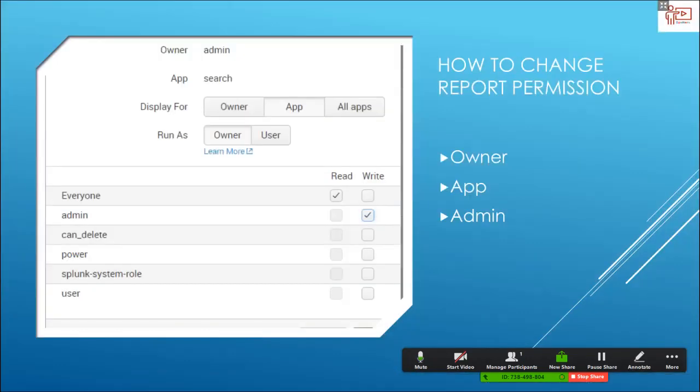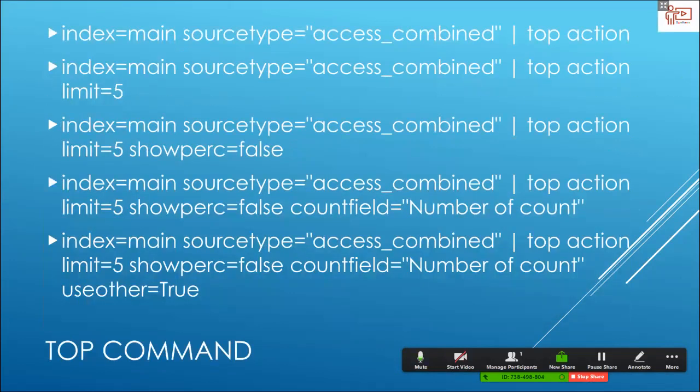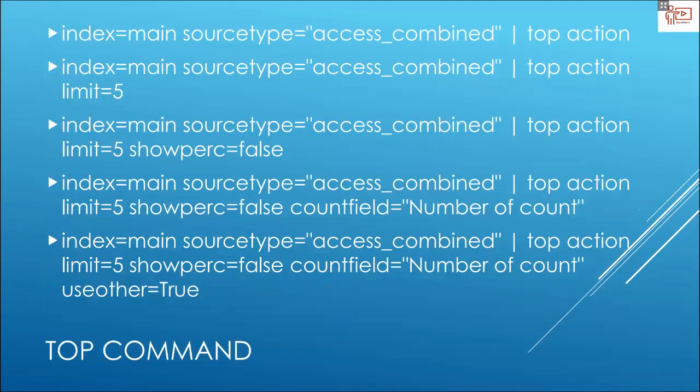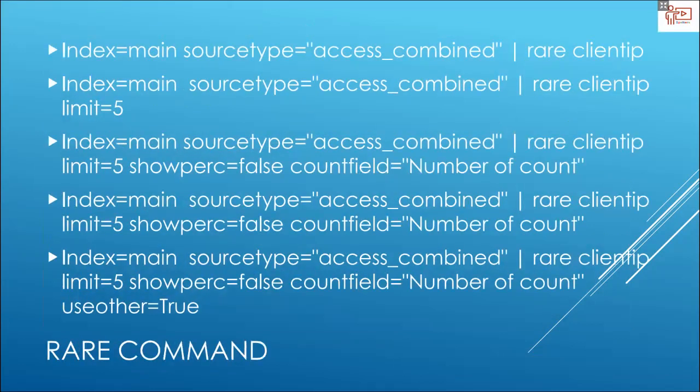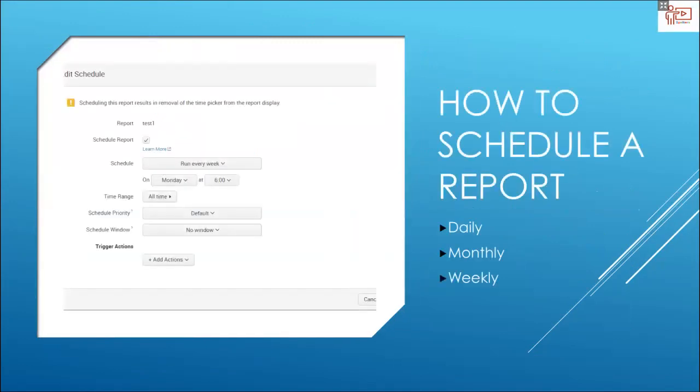So what we have done till now is we have gone through the top command, how to select the top actions or the top clients and top users on our company website or in our organizations. Then we have seen the rare command. Then we have created one report. Also we have created one brand new dashboard.